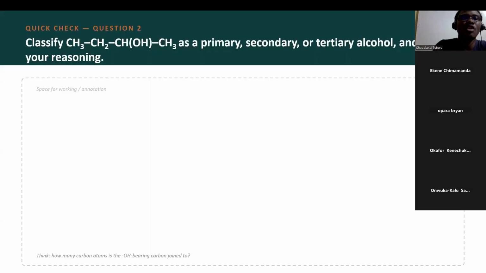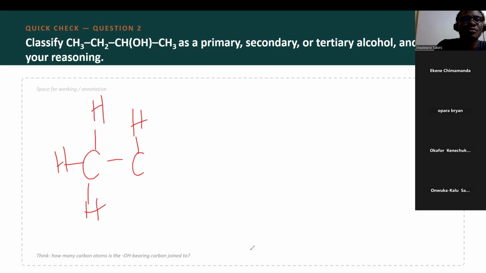Sorry, I went out briefly to assist a student that needed help. So let's go back. I was writing the structure of that compound. Let me do it again. So we have CH3 like this. Then that's our CH2. Then CHOH.